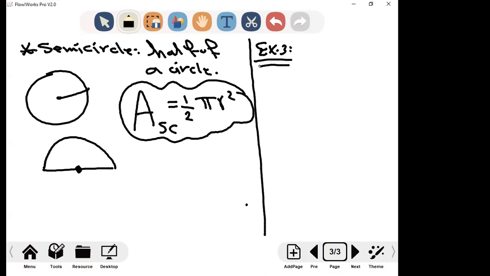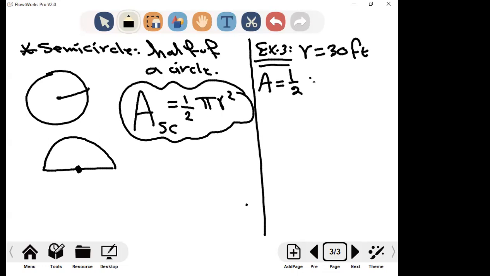Let's read it quickly. A wireless fence transmitter at the back door of a house allows a dog to roam freely within a semicircle that has a radius of 30 feet. So the radius is given here. They want the area. It is a semicircle, right? Apply this formula.